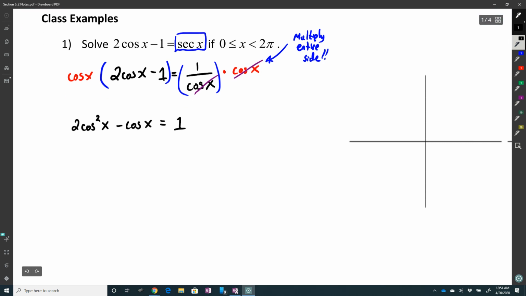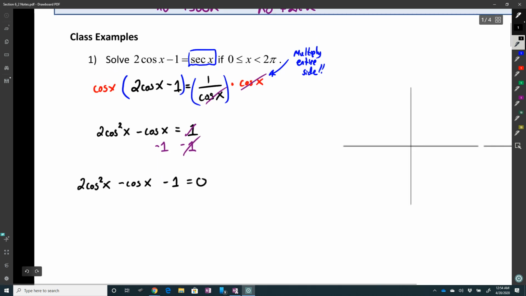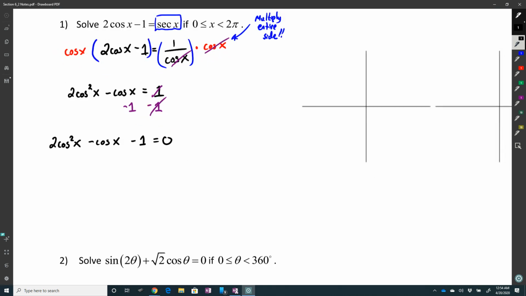Now this ends up being a quadratic, meaning that I can subtract 1 from both sides. So I have 2 cosine squared x minus cosine x minus 1 equals 0. You're going to see a lot of quadratics like this in this section, and fortunately they're pretty easy to factor if they're factorable.